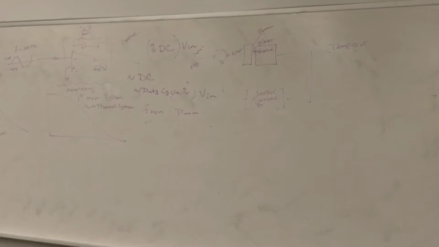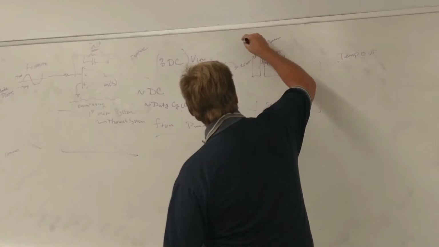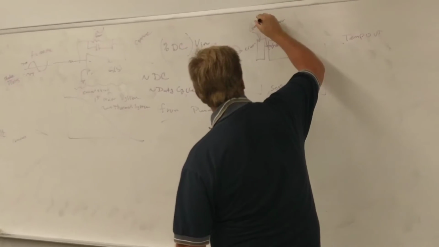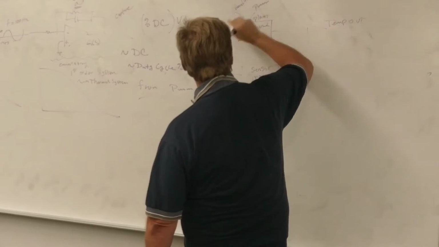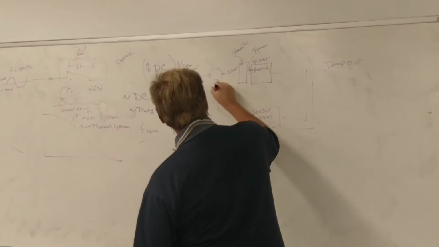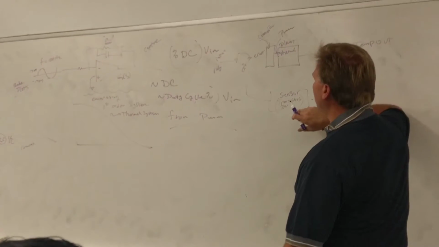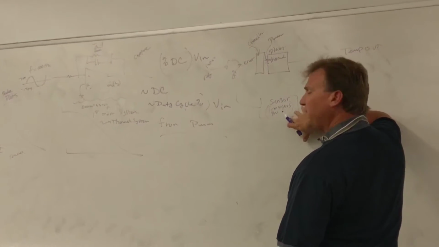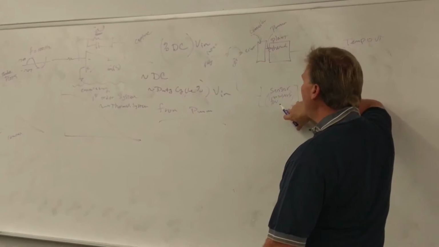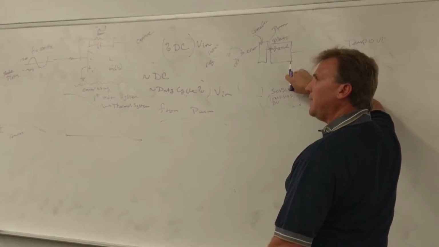Makes sense so far? How we do that will be by means of a controller. We will talk about the finality of the controller, and we'll talk about what happens when we actually close the loop. So for right now, what we're looking at doing is modeling our sensor, getting an understanding of how our sensor responds, and we're going to figure out how to drive our plant by means of a PWM.